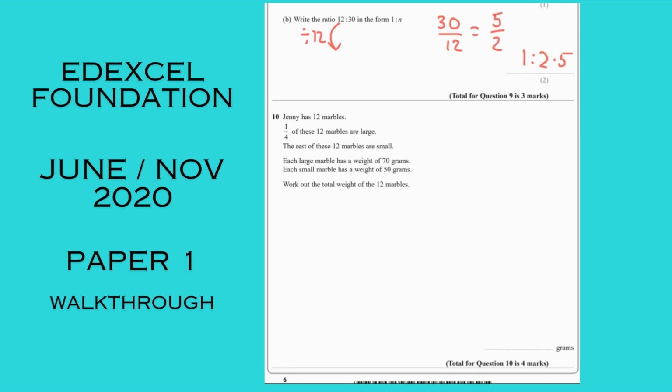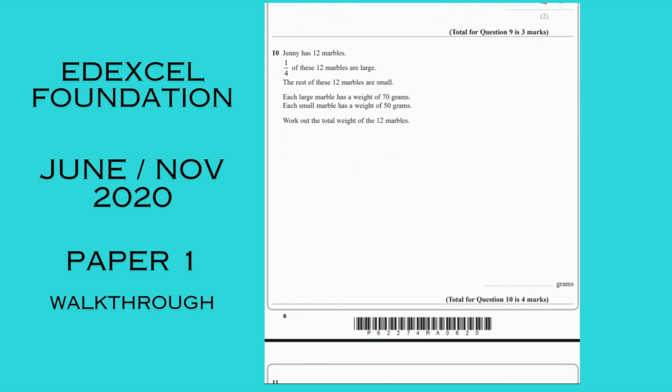On to number 10. Wordy, but not the worst by any stretch. So, Jenny's 12 marbles, a quarter are large. Quarter of 12, 12 divided by 4, that's 3 of them. Each large one is 70 grams. So either mental arithmetic, 7 threes are 21, or do the whole thing.